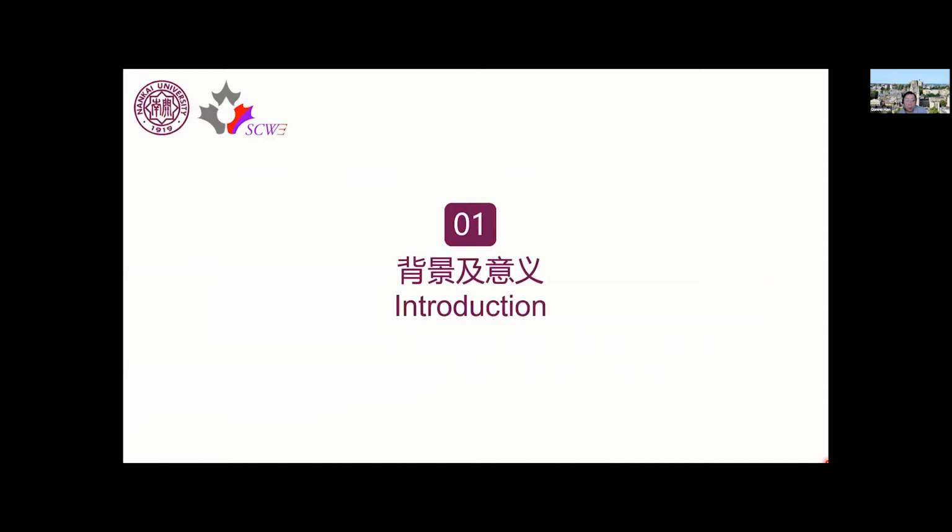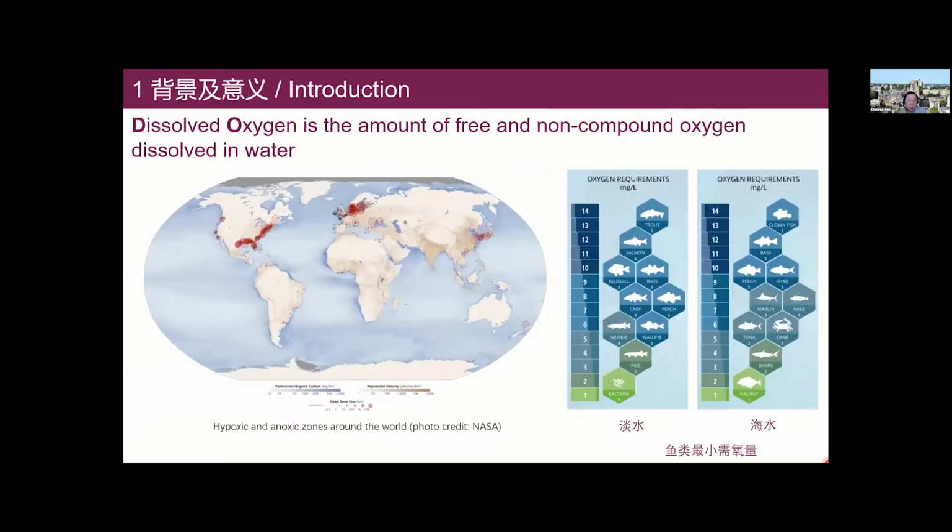The first part is the introduction. Dissolved oxygen is defined as the amount of free and non-compound oxygen dissolved in water. The DO concentration is determined by the source and consumption of DO and the water solubility of oxygen. Almost all aquatic organisms need DO to survive. Fish, crustaceans, plants, and phytoplankton require DO for respiration.